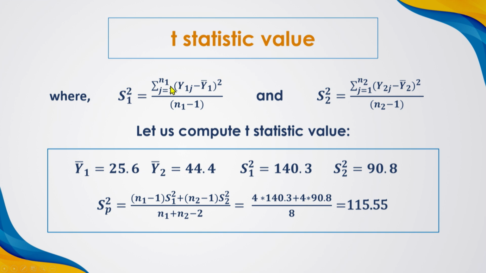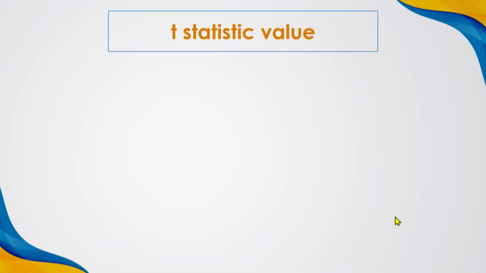I have expanded the formula for the sample variance of the first group and the sample variance of the second group. Based upon these formulas, we will calculate y1 bar, y2 bar, s1 square and s2 square. Based on this we compute Sp square, which is 115.55.